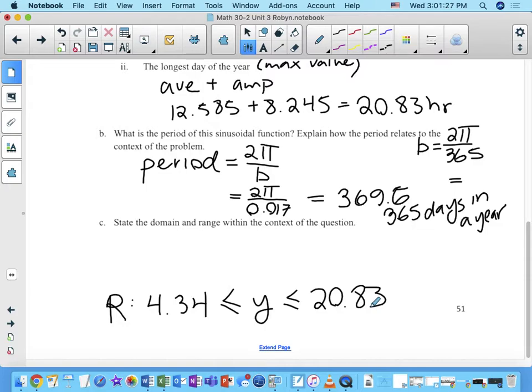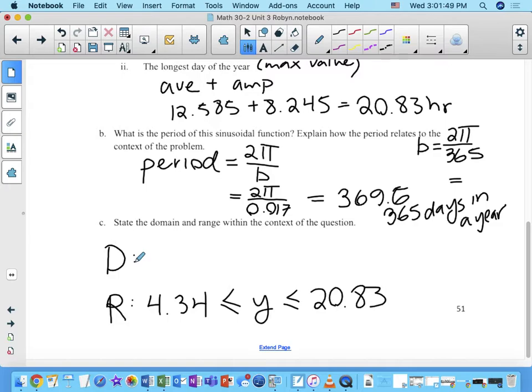X is a day in the year. What could X be? Now I'm trying to think about this, whether it's 0 to 365.